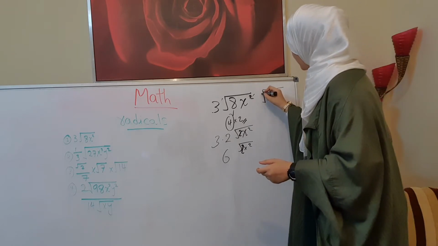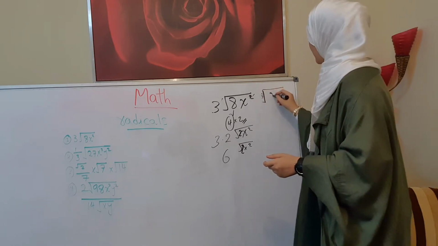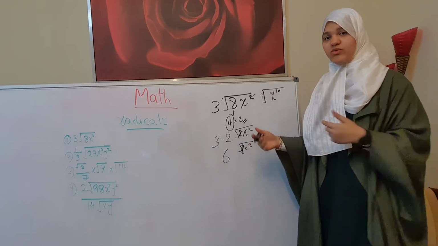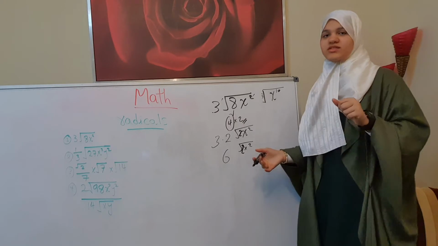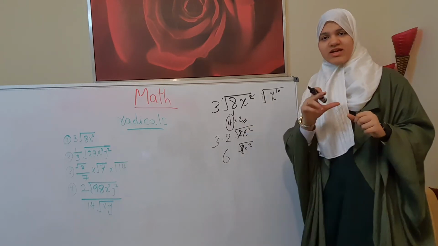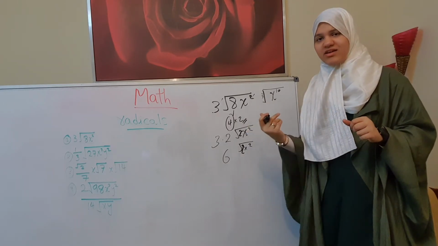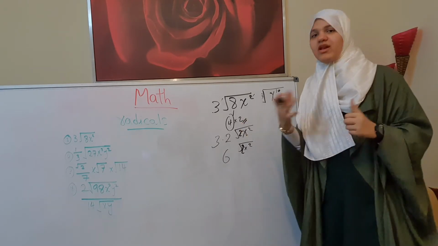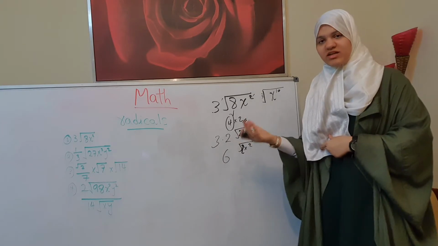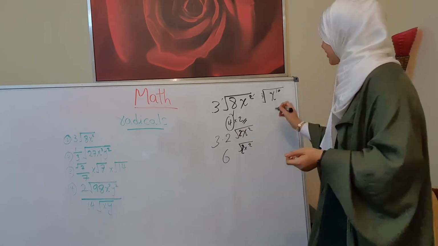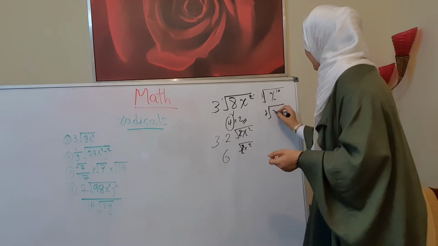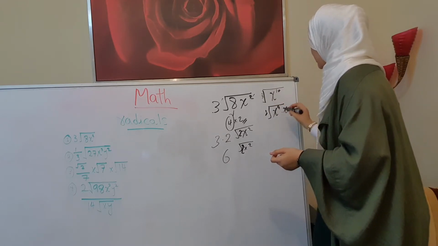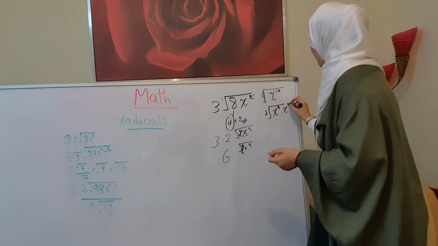That means if the index is 3, and we have here x to the power of 10, what will we do? Can we simplify it? Yes. How to do that? x to the power of 1 plus x to the power of 9, which makes 10. That means the cube root of x to the power of 9 times x to the power of 1.